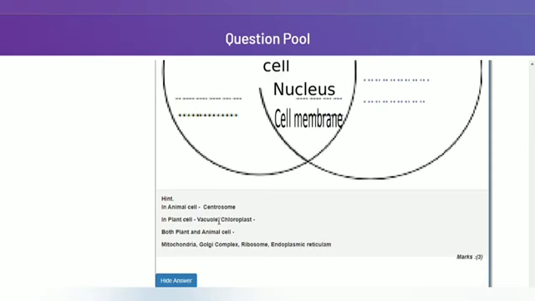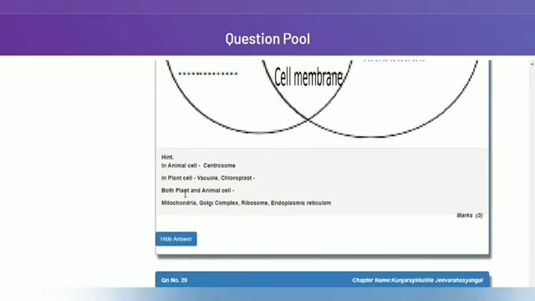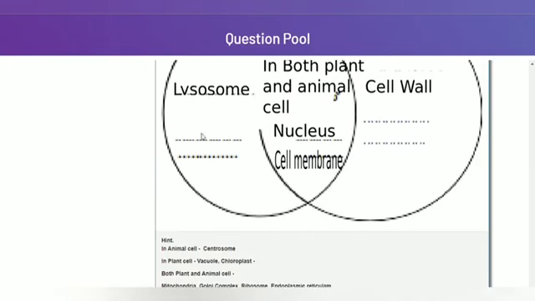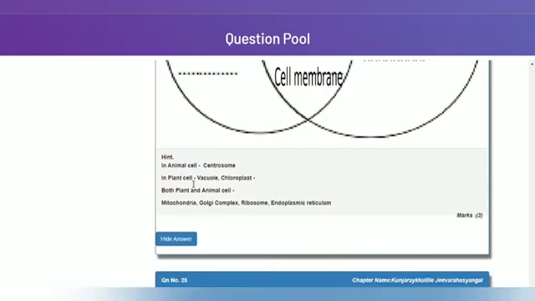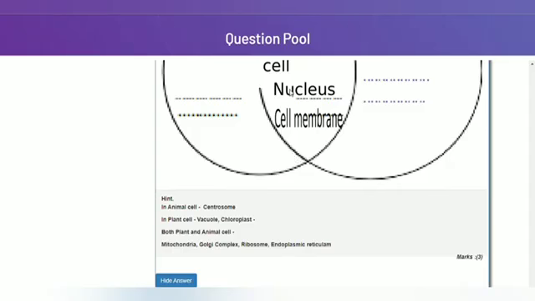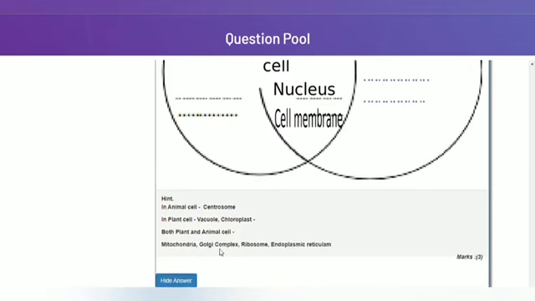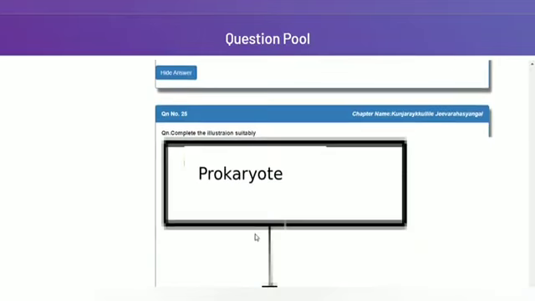So in the animal cell, we have lysosome and centrosome. In the plant cell, cell wall, vacuole, chloroplast. In both the plant and animal cell, nucleus, cell membrane, mitochondria, Golgi complex, ribosome, endoplasmic reticulum.